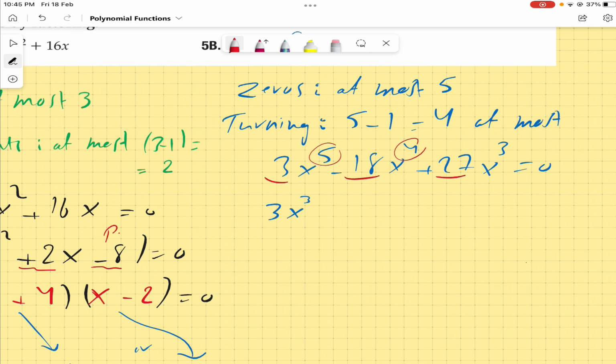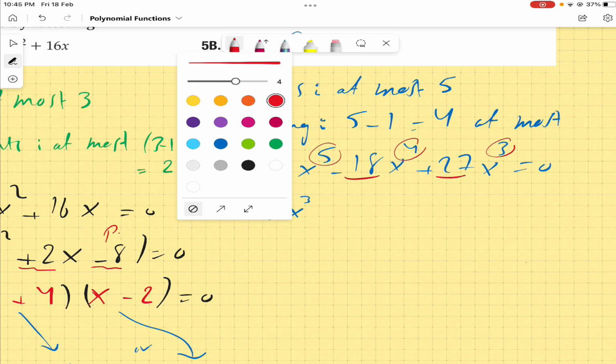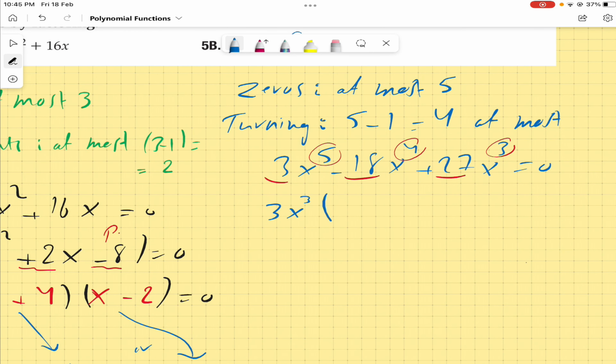X to the power 5, x to the power 4, x to the power 3, they have common x to the power 3. Open bracket. See what's left. 3x^5 divided by 3x^3 is x to the power of 2. Minus, if you do divide, you're gonna get 6x plus 27 divided by 3 is 9 equal to 0.